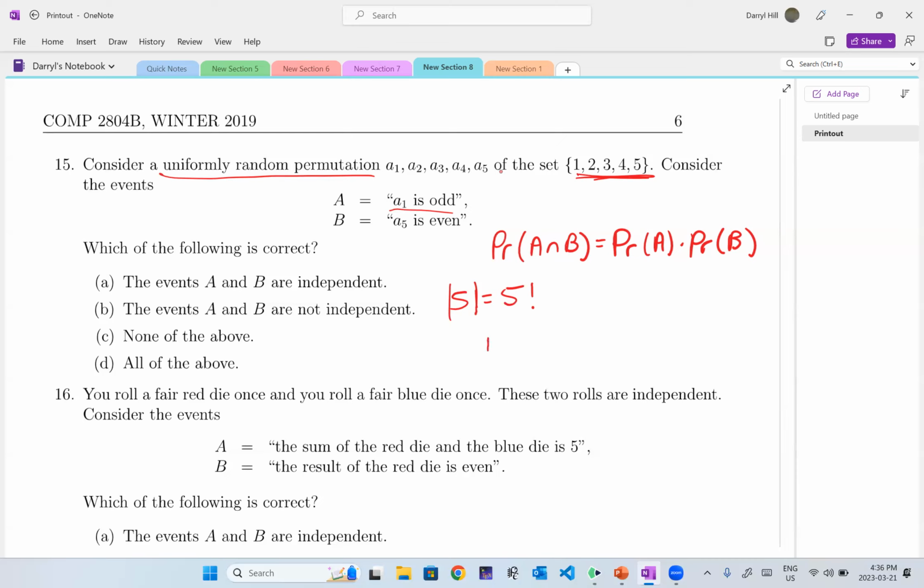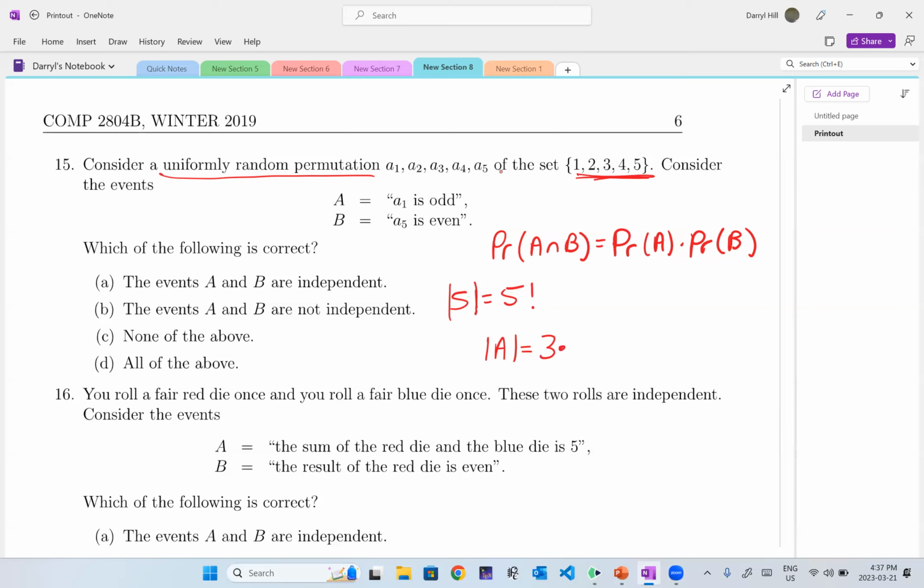So let's look at the size of A. A is that A1 is odd. I'm just using the product rule here. The number of ways to choose an odd number for the first location is 3. So I have 3 choices for the first one, and then I don't care what the rest of them are. I have 4 numbers left and 4 locations to put them in.